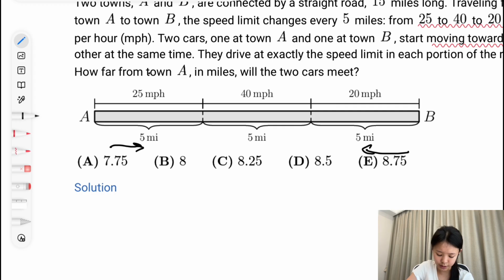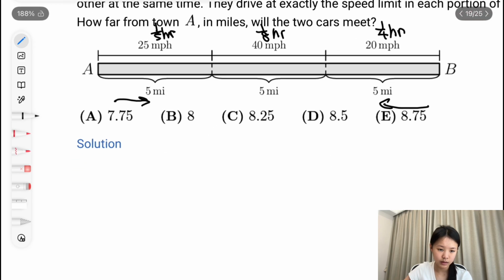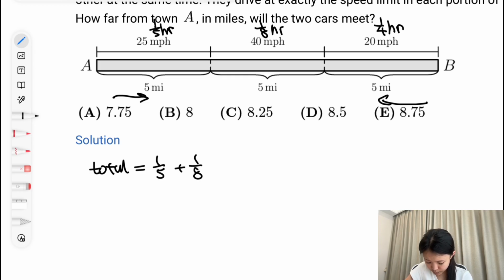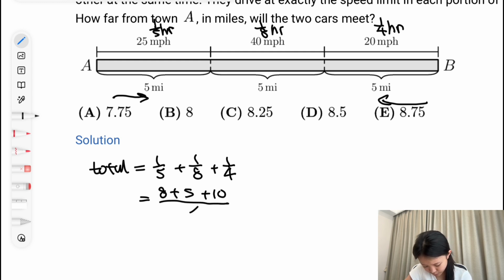So basically for the first section A, it takes 1/5 of an hour, since that's 5 divided by 25. For the next, it takes 1/8 of an hour, and then 1/4 of an hour. So now total time equals 1/5 plus 1/8 plus 1/4, which is 8 plus 5 plus 10 divided by 40, and that's 23 divided by 40.